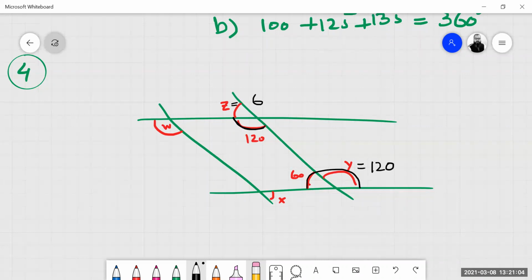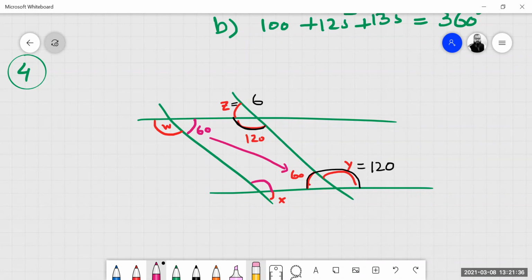As I told you, the sum of the interior angles of a quadrilateral is 360. So if it is 120, the opposite angle of the quadrilateral will be 120, and this will be 60. This is the rule: in parallel lines, the angles are the same. So if this is 60, this will be 60.